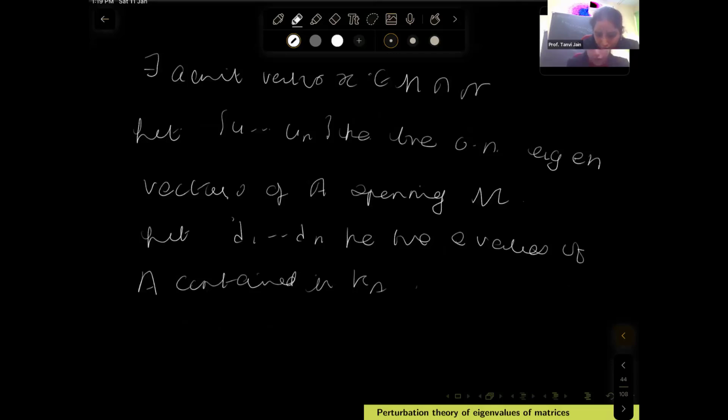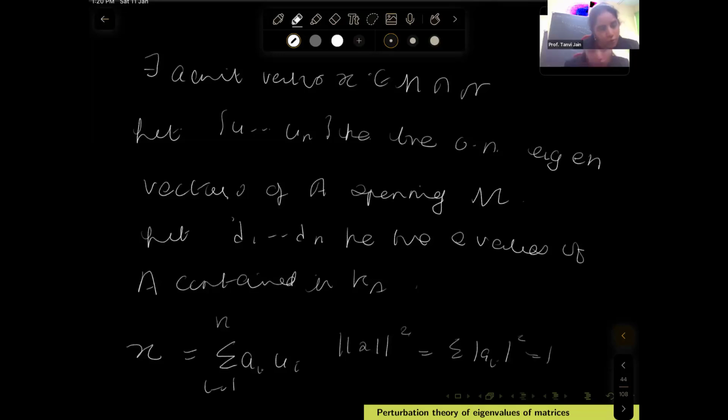So let's look at my x in M. x will be a linear combination of u_1 till u_k. So x can be written as the summation of a_i u_i, i from 1 to k. Now the norm of x squared is equal to the summation of mod a_i squared, that is equal to 1.